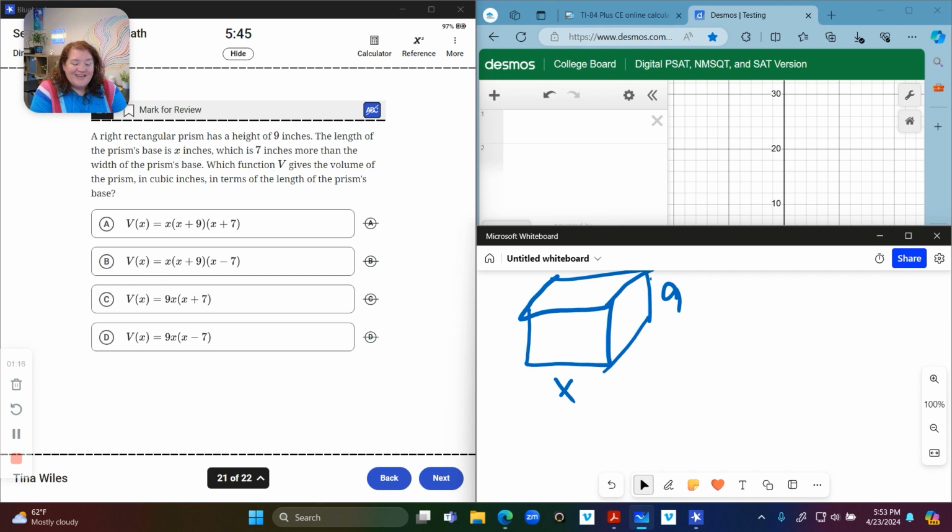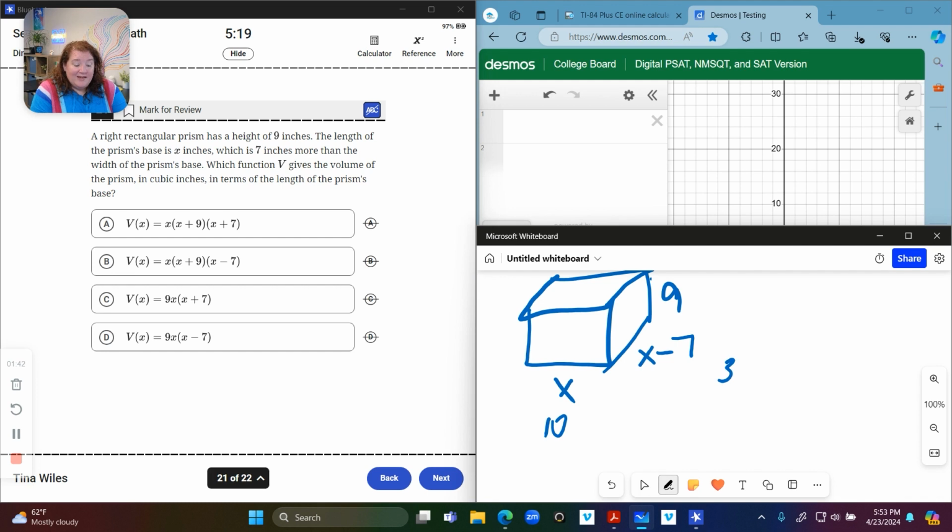So this is the hard part. If I said the length is 10, I'm just trying to show you how to set up the equation. If I said the length is 10 and this 10 is 7 more than the width of the prism's base, that means the width would be X minus 7, because this would be 3.